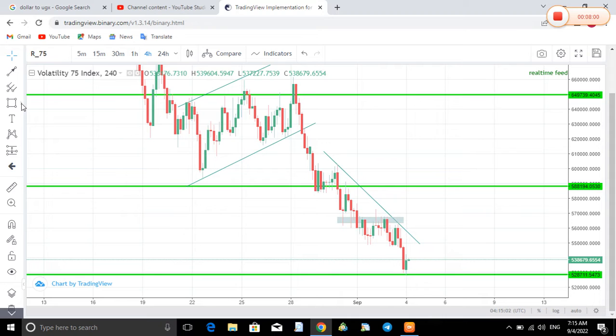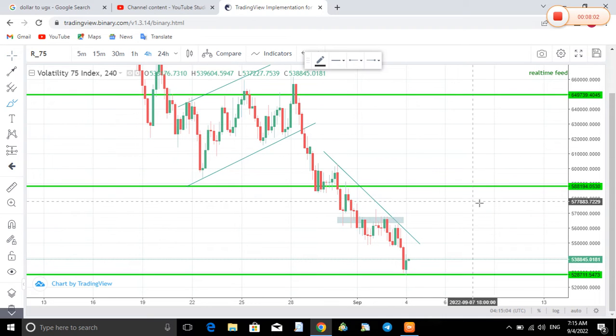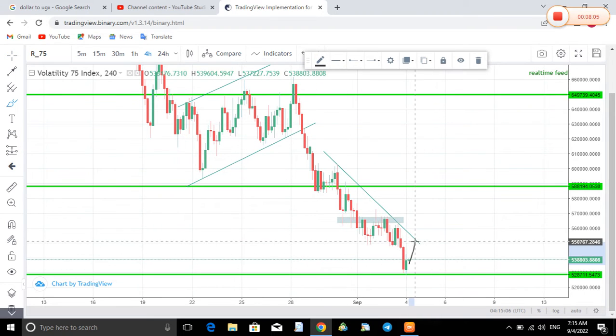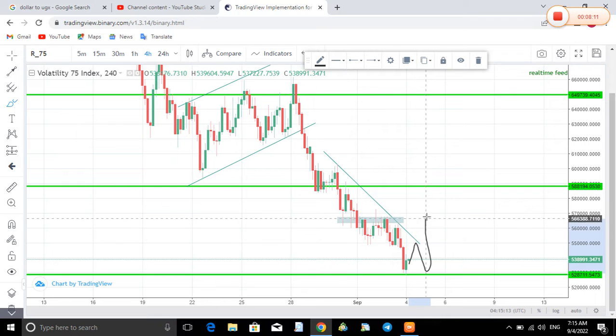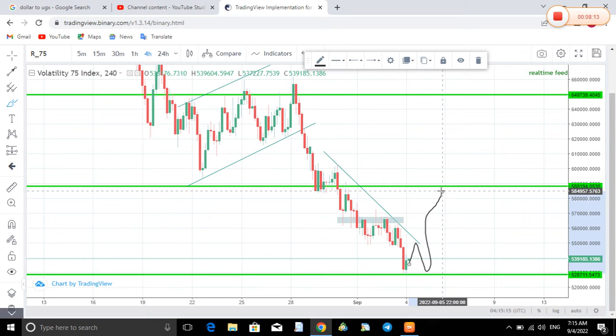Here is what we expect. First, we expect 75 to come here, come back, make a structure like a double bottom and push the price back to the upside.